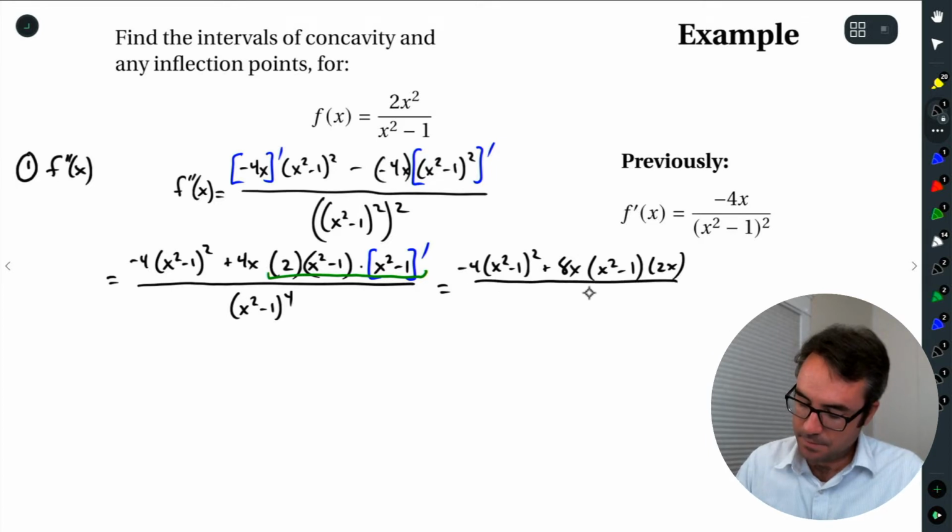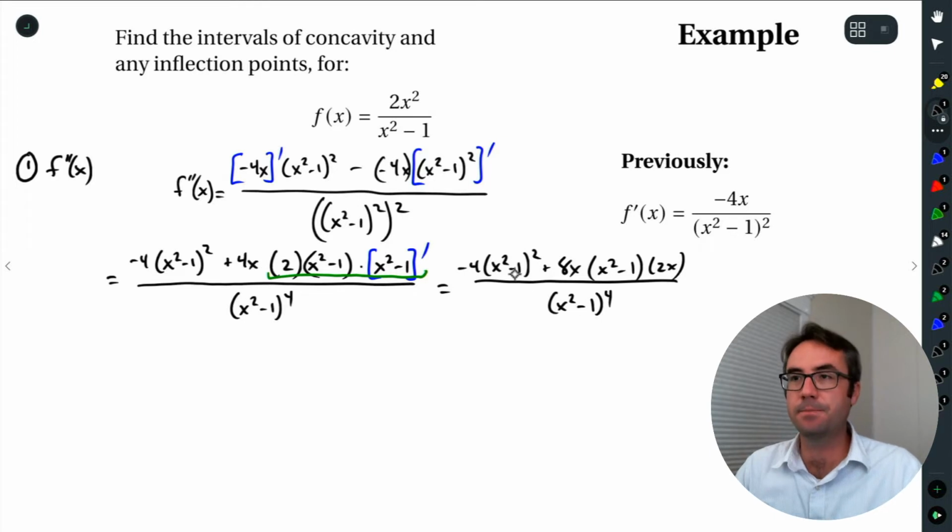Okay. Looking a little bit better. Still more we can do, though. When we look at this, there's two main pieces of our numerator. There's this negative 4 times x squared minus 1 squared, and then there's this second piece over here, which is this 8x times x squared minus 1 times 2x.